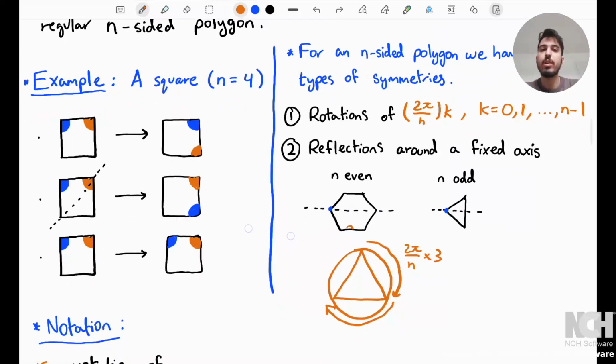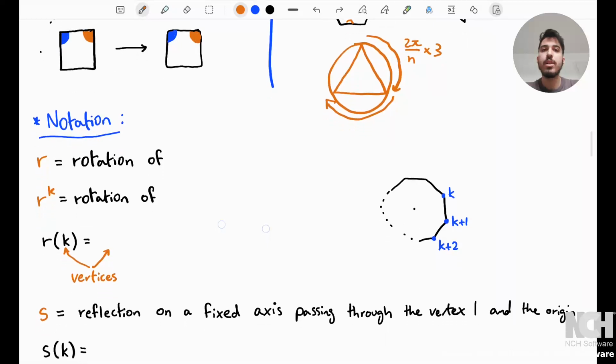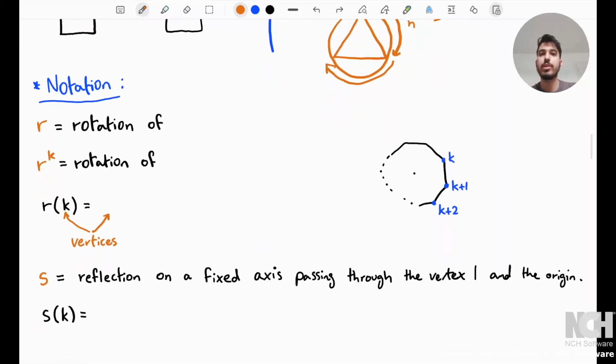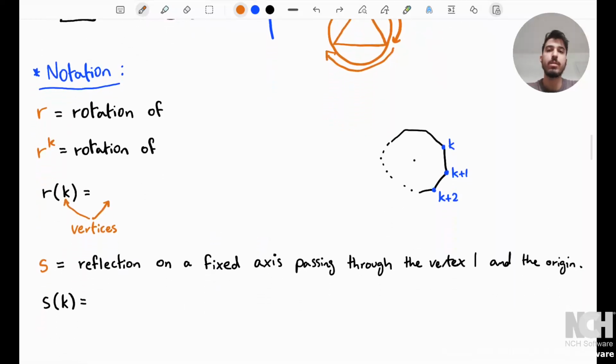Now we will move on to the notation. To notate the rotations or reflections, I will use R for rotation of 2 pi over n. That means a rotation of a single unit. R to the k means R times R times R, k times, which is just a rotation of 2 pi over n, k times.